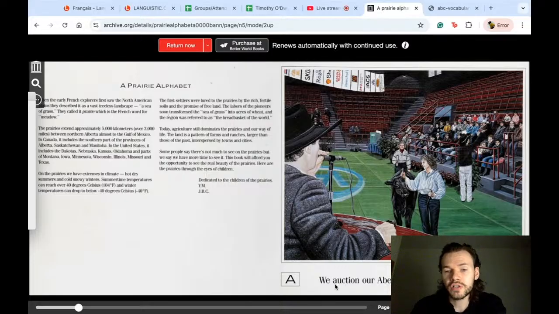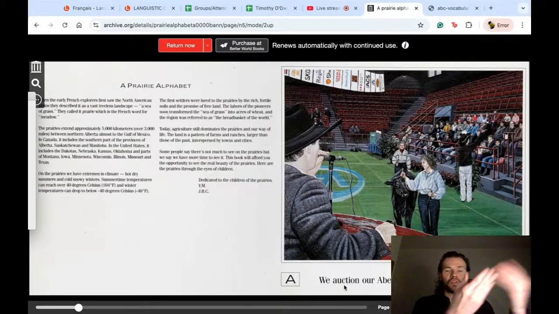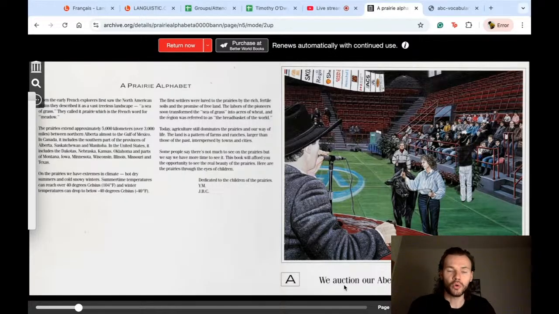To auction something means to sell it. We are selling it for whoever wants to pay the most money.